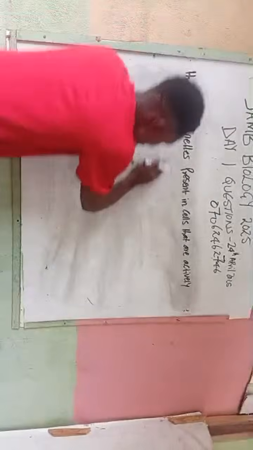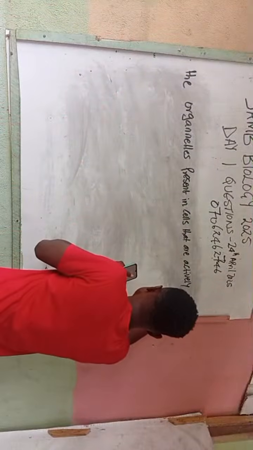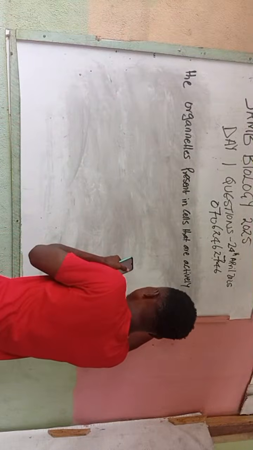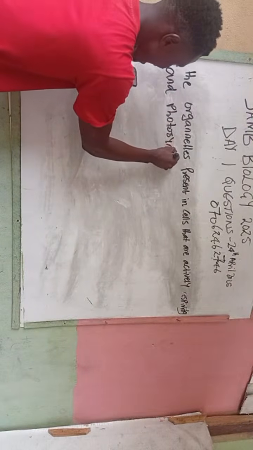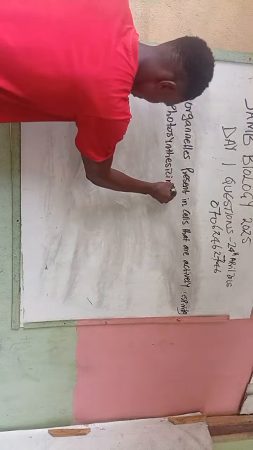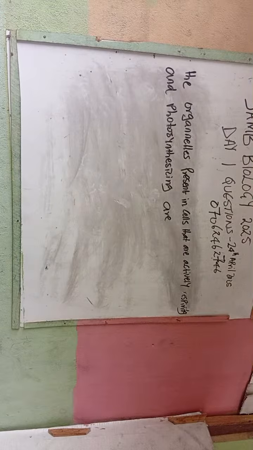So the question is: the organelles present in cells that are actively respiring and photosynthesizing, which are they? Let me see. Now people should come and answer.